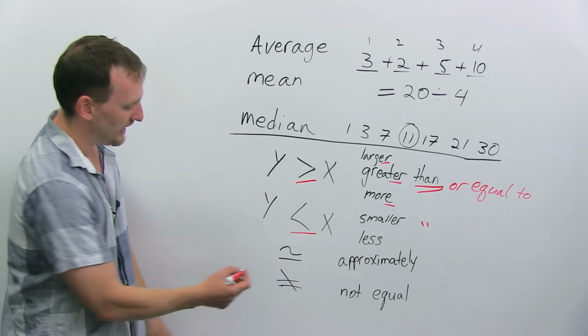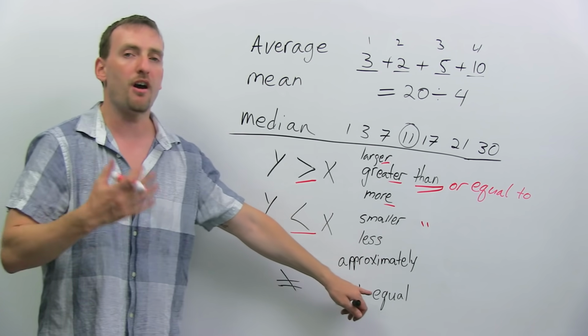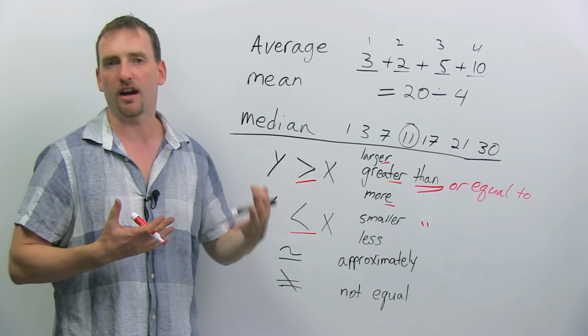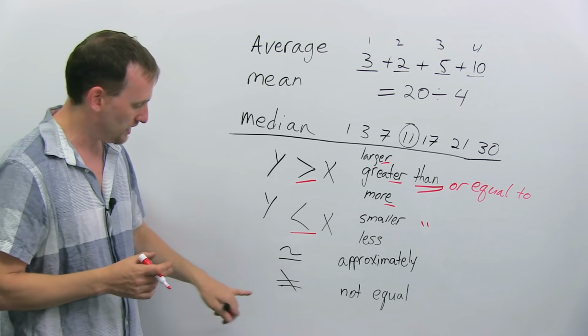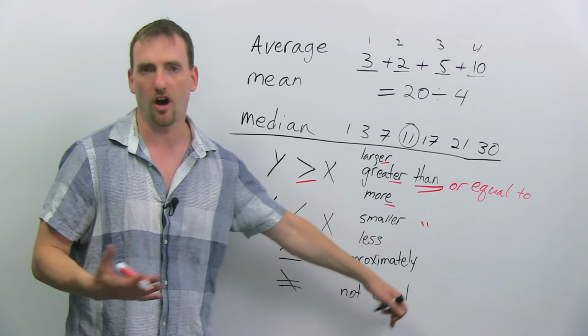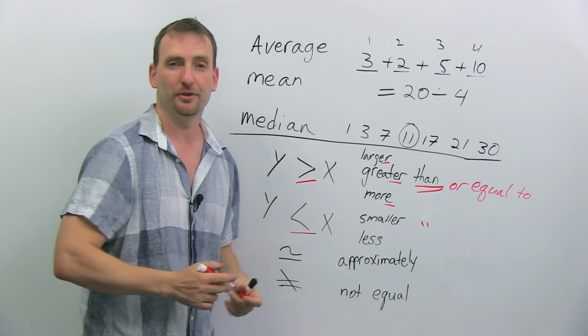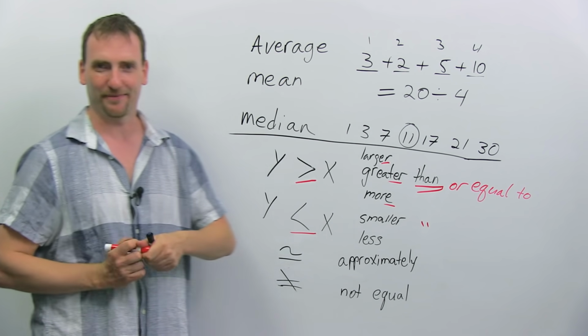And now this one, you have the equal sign, but then you have a squiggly line. This means it's approximately equal to. So it's an approximation, not exactly equal. And then you have the equal sign with a strike through. In this case, it's just not equal. Okay, pretty straightforward stuff. Let's move on to some other more complicated things.